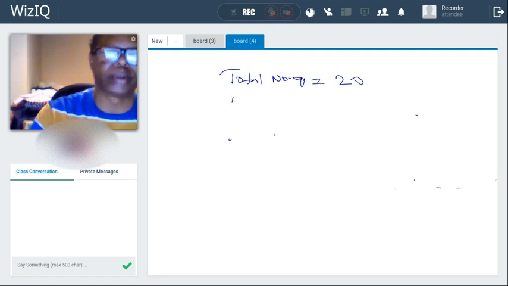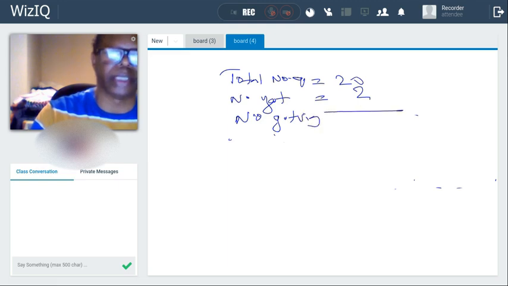Number got wrong equals 2. So the number got right equals 20 take away 2, which is 18. Which means his mark was 18 out of 20 multiplied by 100.